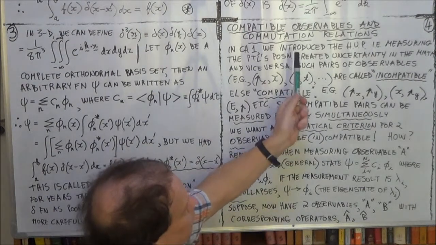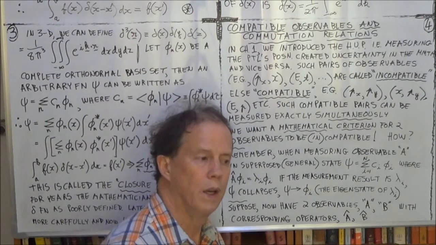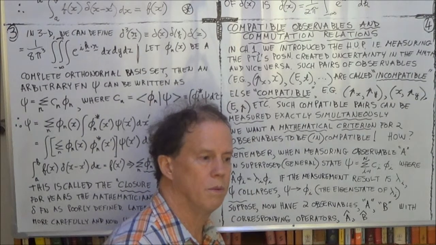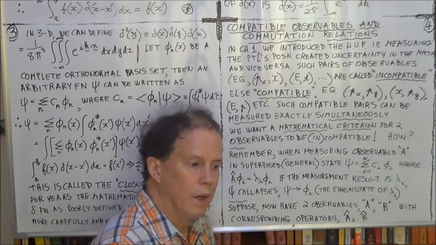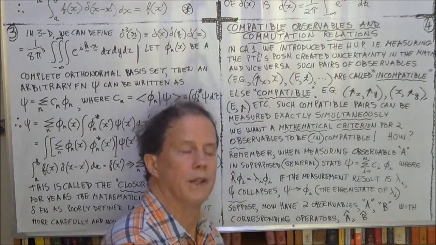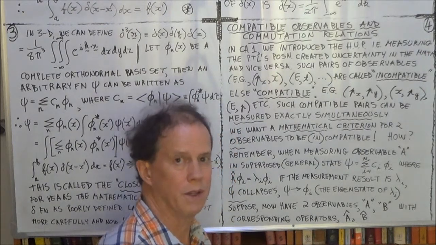From the very beginning of the course, we introduced one of the revolutions in quantum mechanics relative to classical mechanics: the Heisenberg uncertainty principle, the HUP.